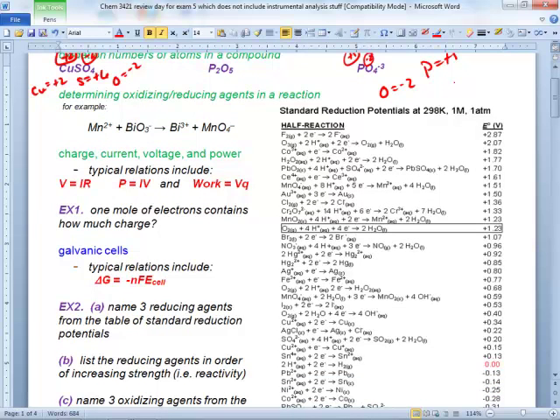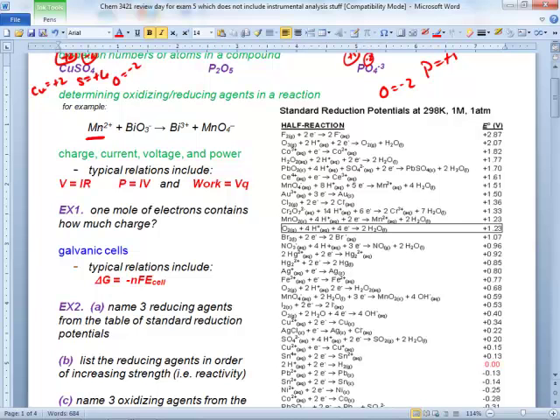Determining oxidizing and reducing agents in a reaction. Okay, which one is... Oh, this one looks easier to figure out. If we figure him out, the bismuth one is fixed. So let's just do the manganese +2. Right? Because don't you already know what he is on that side? What's his oxidation state? +2. Yeah.